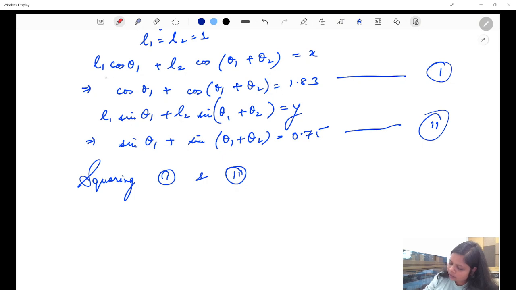We will get cos square theta 1 plus sine square theta 1, which would be 1, plus cos square theta 1 plus theta 2 plus sine square theta 1 plus theta 2.